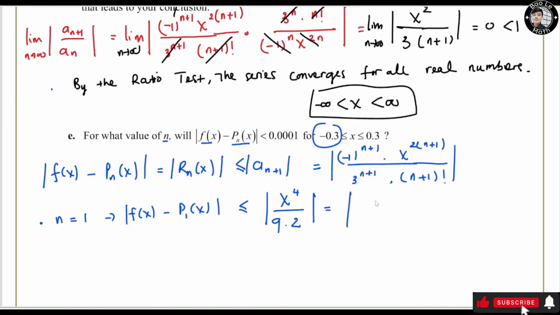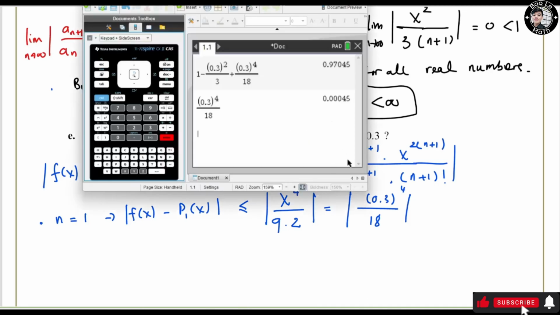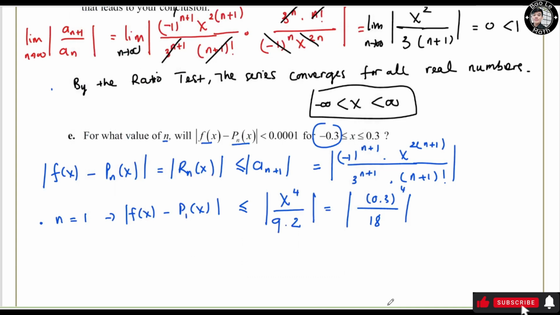So it could be the absolute value of 0.3 to the 4 over 18. So I'm going to pull up the calculator. The answer is 0.00045. Now we need the answer to be less than this guy, but this is not right, so this is not the correct answer.